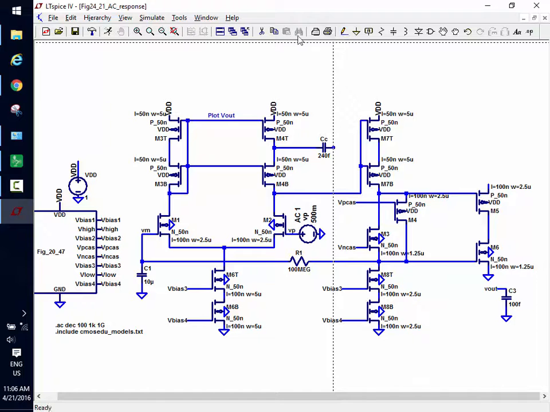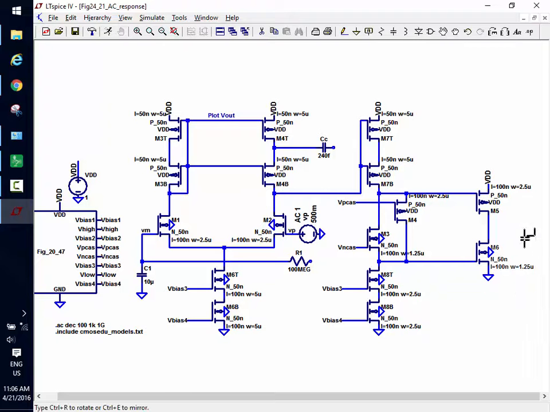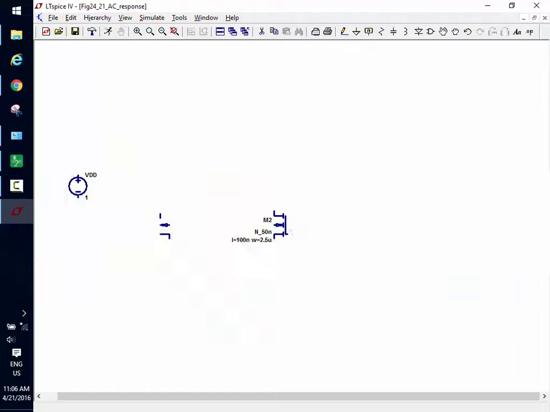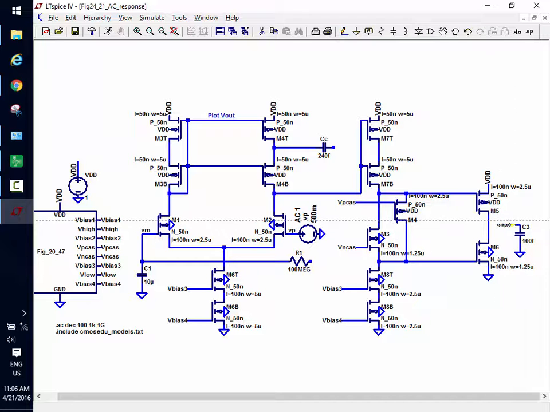And then, you know what, I better not make the same mistake as last time. Boom. And then let's go move this. And let me pause for a moment.